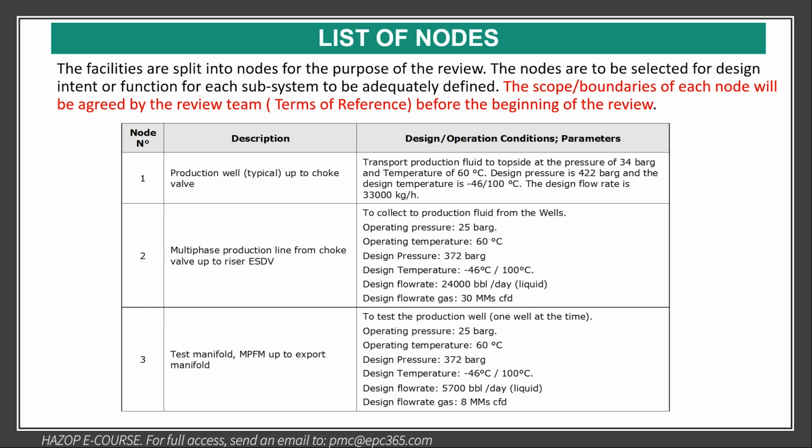So this is one node, and we have to write the design and operation conditions. This should be clearly defined and written in the terms of reference, and then each of these nodes will go through the systematic review of the deviations, etc.